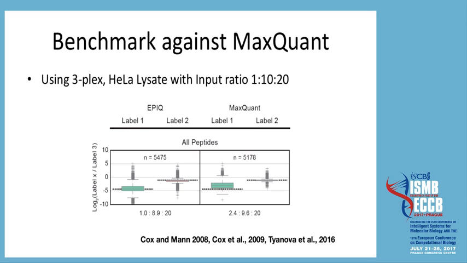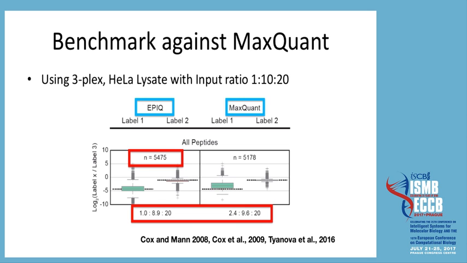So this is the result for overlapping peptides: not only were more peptides quantified by EPIQ, but also the ratio was less biased than MaxQuant. In particular, when low abundance peptides were examined, the difference was even more explicit. This implies that EPIQ has lower LLOQ than MaxQuant.